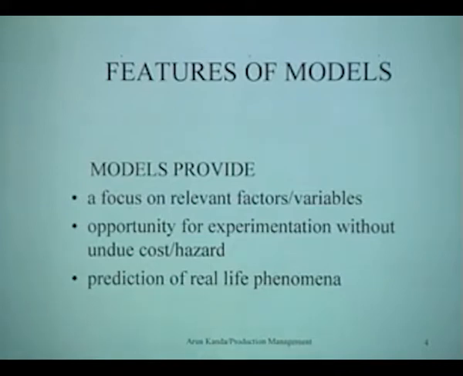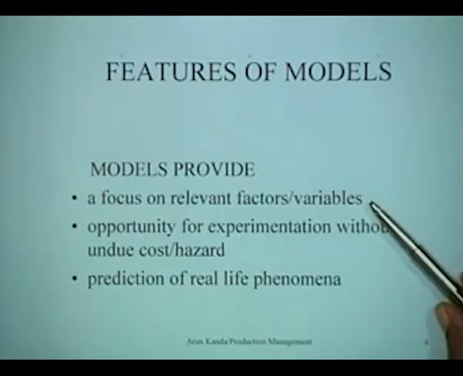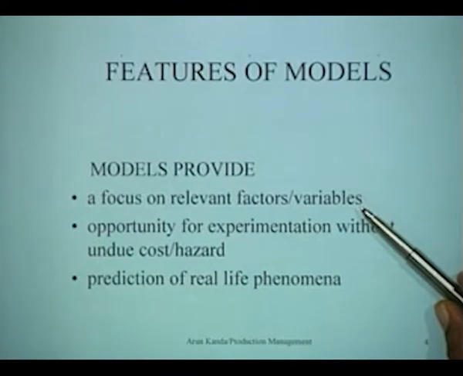So, one must understand that models provide a focus on relevant factors and variables, which means if you have to understand reality, you must be able to pick out the relevant from the irrelevant. And by making a model, you are essentially doing that. So, they help us in understanding reality and in picking up the right kind of factors and using them to express the relationships that we are interested in.